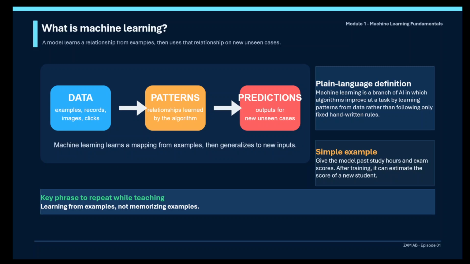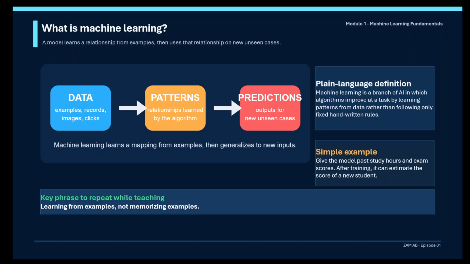So now you just enter the study hours of a student, and it will be able to predict whether the student is going to pass or fail. It's a very simplistic example that we are giving here. In realistic use cases where machine learning is implemented, it is much more complicated. So these are very simple examples to understand.